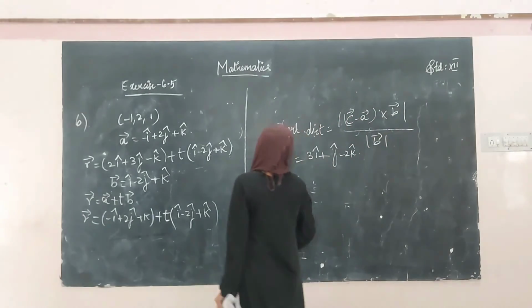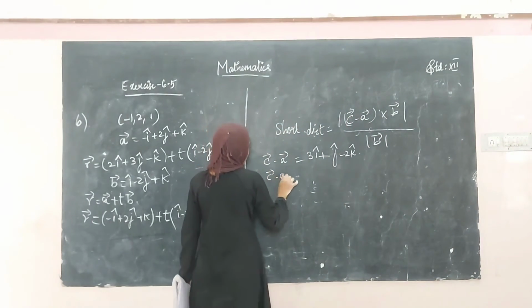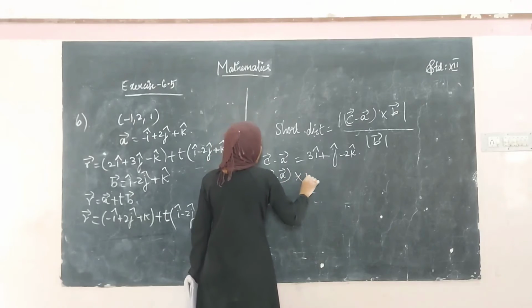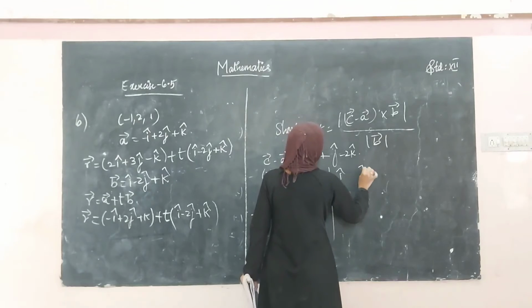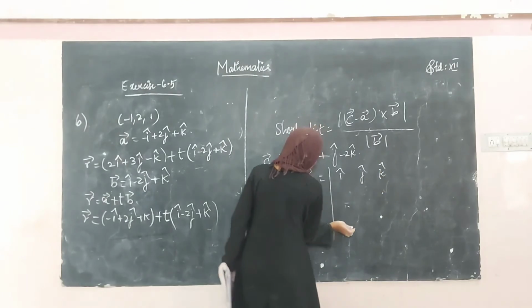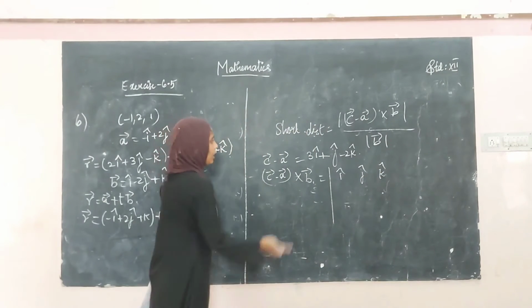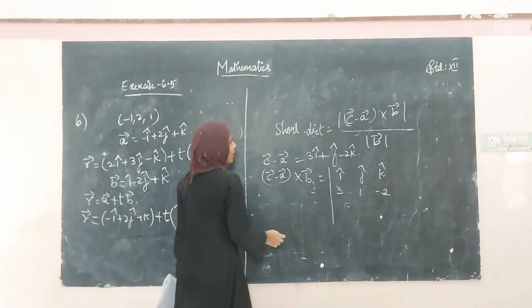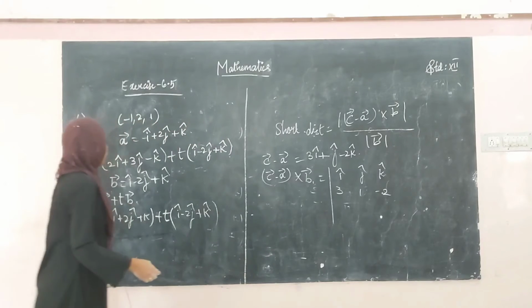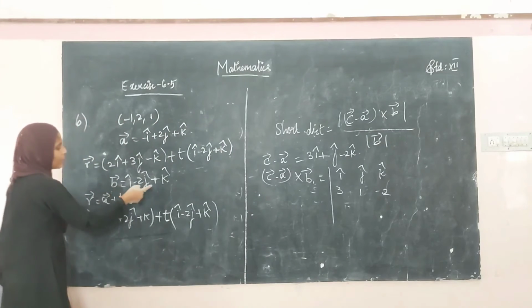Again, we have to find C vector minus A vector cross B vector. How can we find that? So i cap, j cap, k cap. The coefficients of C vector minus A vector are 3, 1, minus 2. The coefficients of B vector are 1, minus 2, 1.